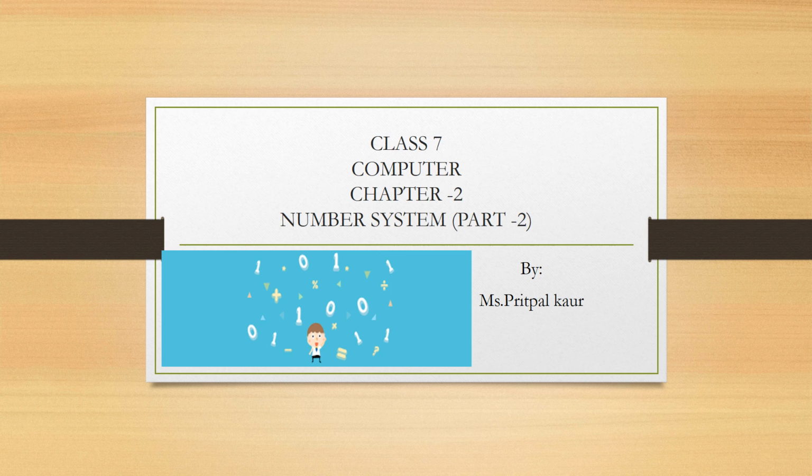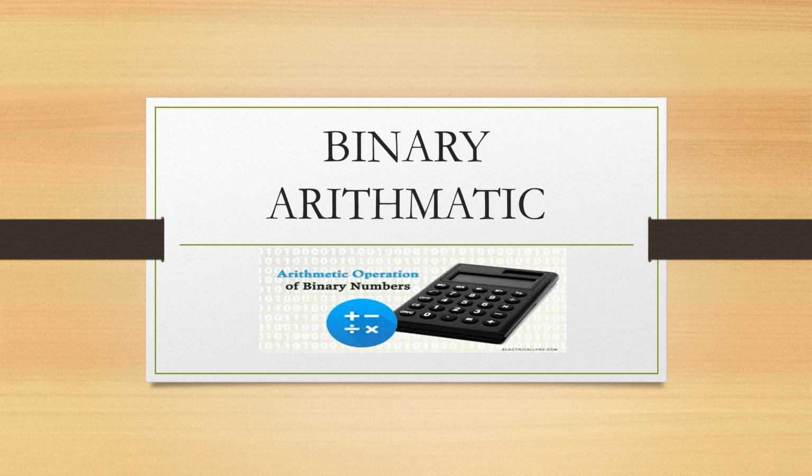Before you start learning part B of this chapter, you are supposed to go through part 1 as well, so that you can understand the whole chapter in detail. After learning the various types of number system, let us now understand the second part of the chapter, that is binary arithmetic.